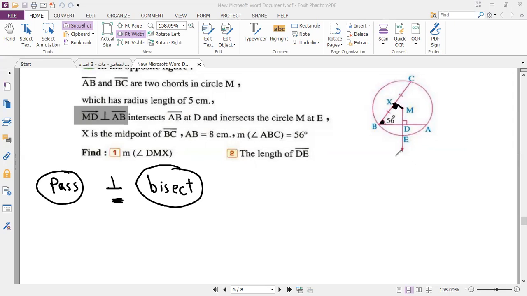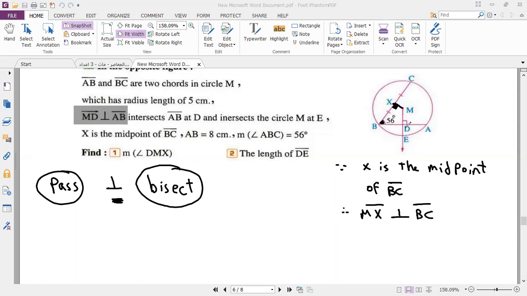Okay. So we write, since X is the midpoint of BC, then MX is perpendicular to BC, and this angle equals 90. It's a given.